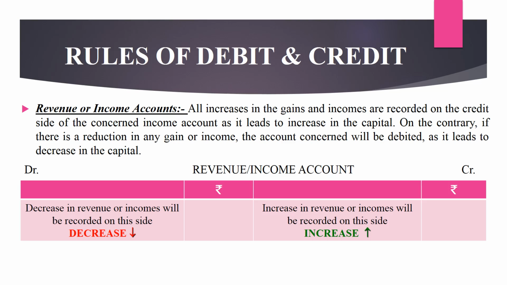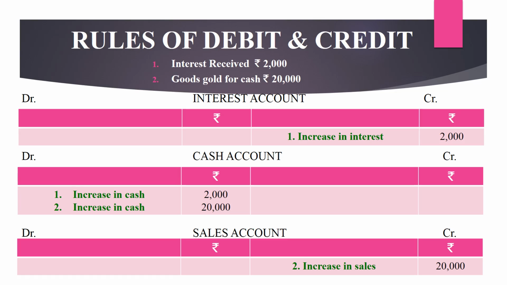So now in revenue account, increase will be recorded on credit side and decrease in revenue will be recorded on the debit side.